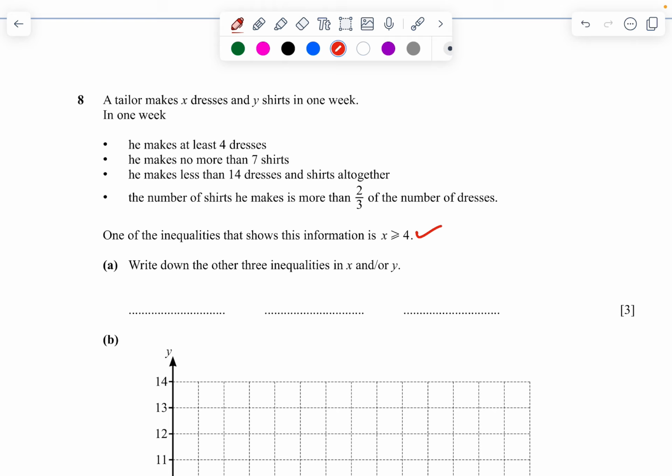What am I going to write out? For the first condition, he makes no more than 7 shirts. So he is making no more than 7 shirts. So let's write for that.